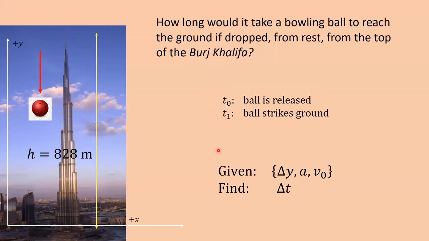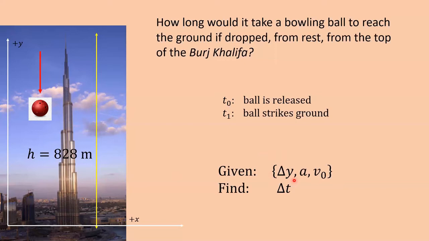And it's also sometimes useful to make explicit which quantities you know going into the problem and which quantities you're looking for, because that will help you decide which of these kinematic equations you should use. So we actually do know what the vertical displacement is. The ball is going to start here, and it's going to move through a distance of 828 meters. Now, displacement isn't just distance.